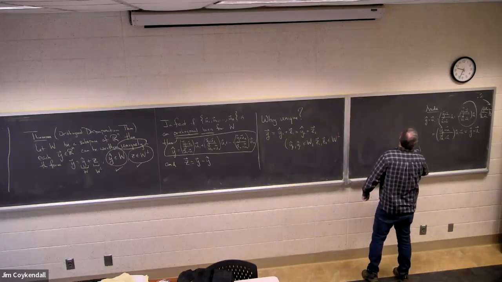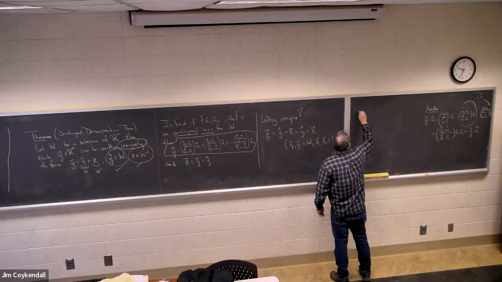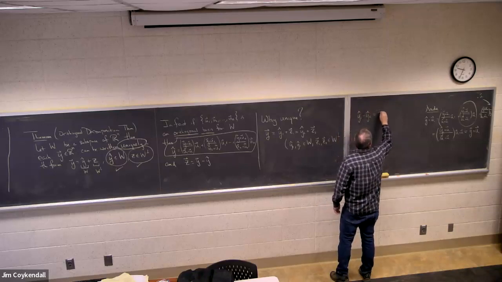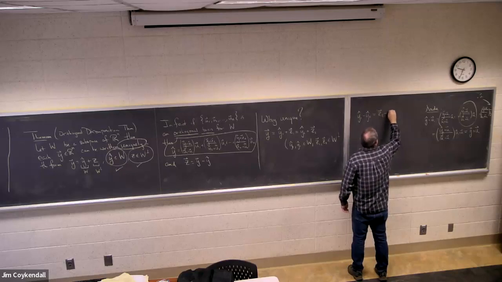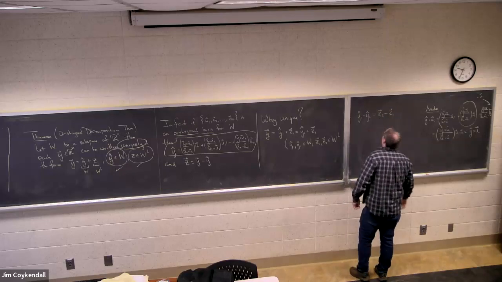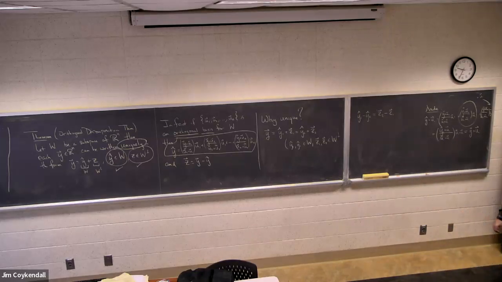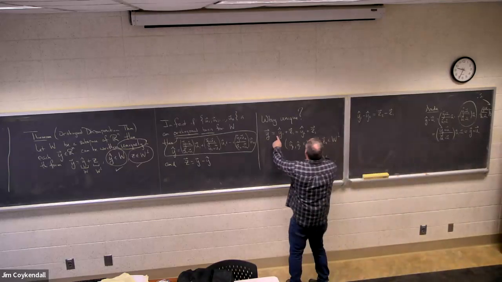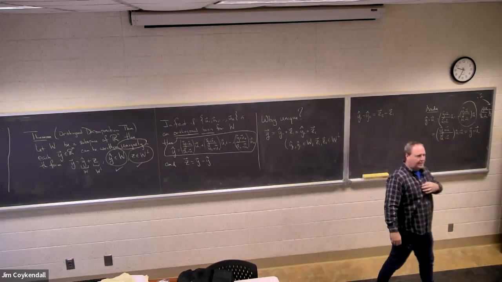Well, if I manipulate this a little bit, I get... Everybody agree with that? This is just y1 hat minus y2 hat equals z2 minus z1, right? Everybody agree with that?